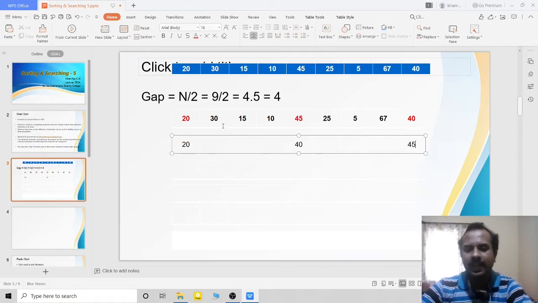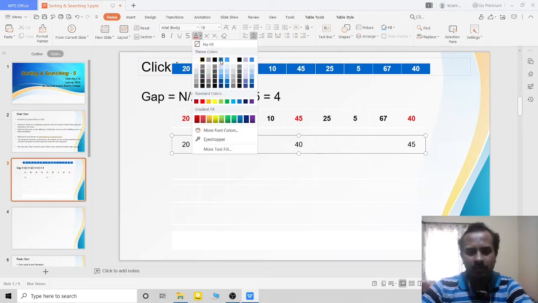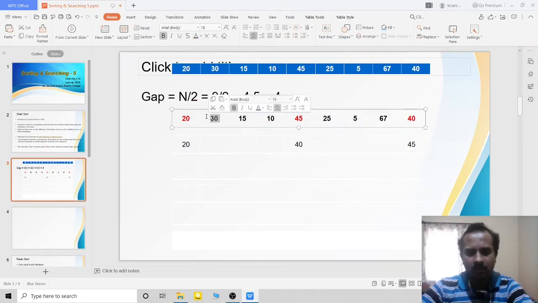Now for the second element, check the gap element here. That is 30, that means 1, 2, 3, 4. Let me make this blue color.